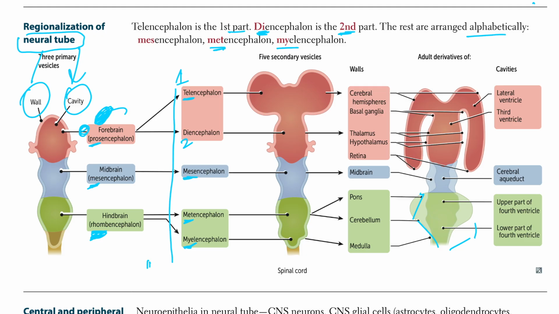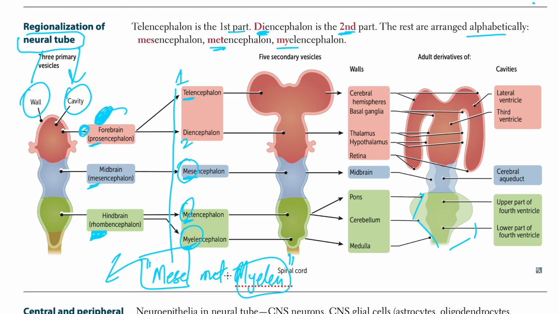But what mnemonic you can have is Messi met myelin. So Messi met myelin. If you don't know, Messi is a football player. He met Myelin. Myelin, she's a beautiful lady. Okay, that's how we can go with it.